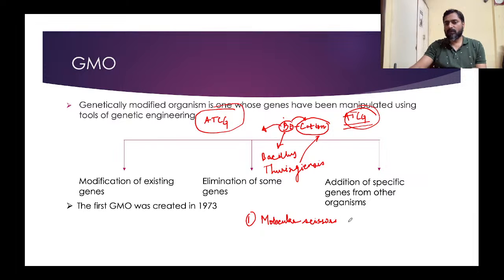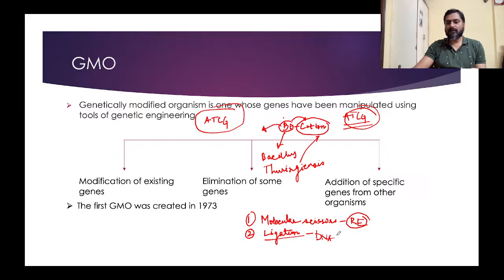What are these molecular scissors? These molecular scissors are some enzymes. We call them restriction enzymes. We also need something to stick the DNA, so we need what are known as ligation enzymes. So we need DNA ligase.